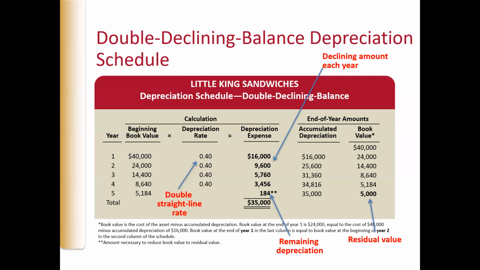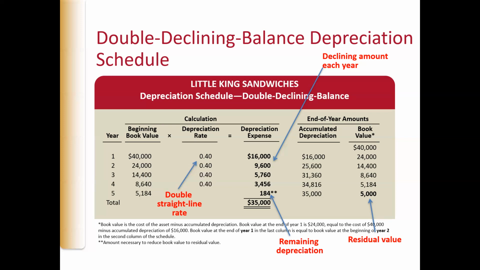So do you see in year 5, we only took depreciation of $184 because that's all we could take to get to the book value of 5,000. You can't depreciate below the residual value.